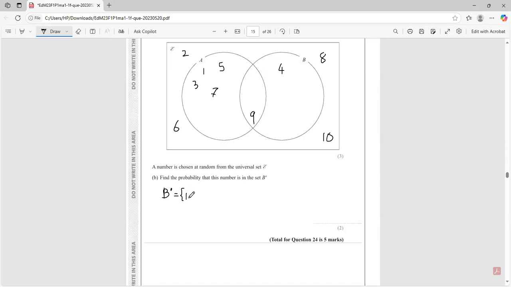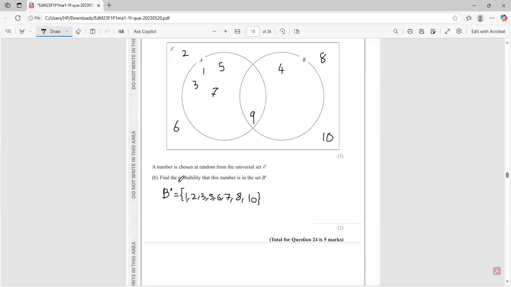Let's just write it. 1, because we need it for that probability. 2, 3, we have to skip 4, 5, 6, 7, 8, and 10. Okay. So what next are we going to do here?